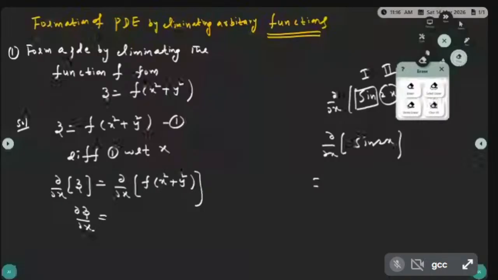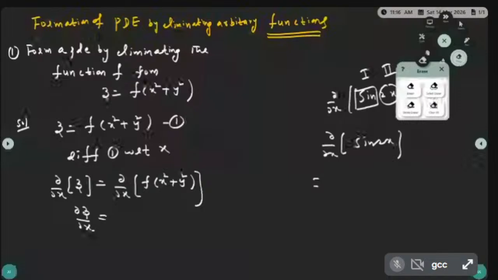Here also, what is the main? This is main. This is secondary. F is the main. X square plus y square is the secondary. Now tell me, what is the differentiation of f? F dash. Differentiation of sin is cos. Differentiation of f is f dash. And what is the second priority? Dou by dou x of x square plus y square.